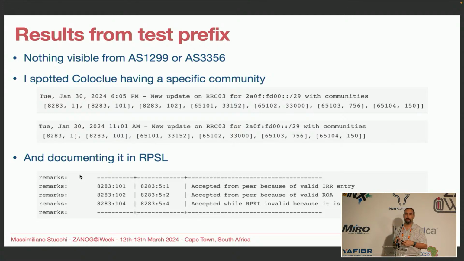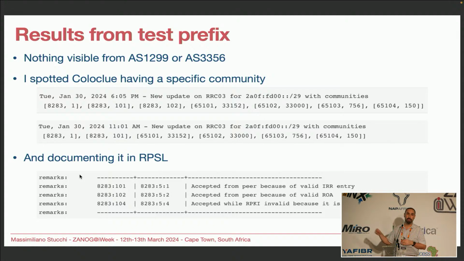So as you can see, anytime I would update my ROA, there were 2 messages, one that contained that community, and one that didn't contain it. So every time I changed my state, there would be at least a little bit of noise from Coloclu. And there were 3 or 4 other ISPs, other networks, that I could see with a similar behavior.